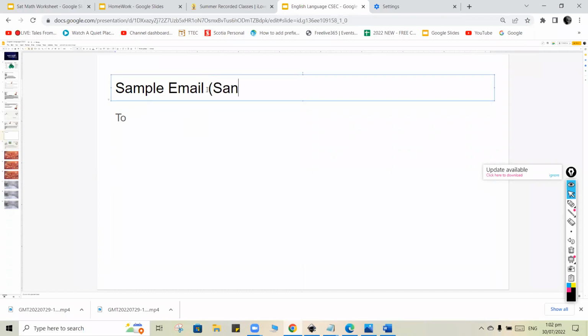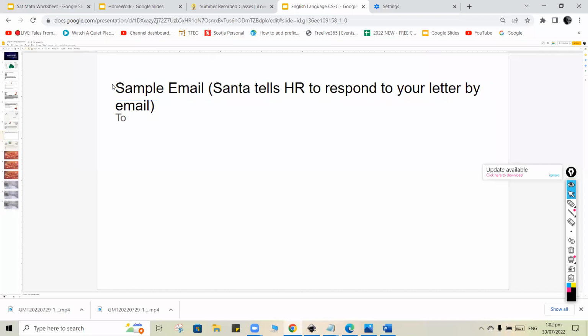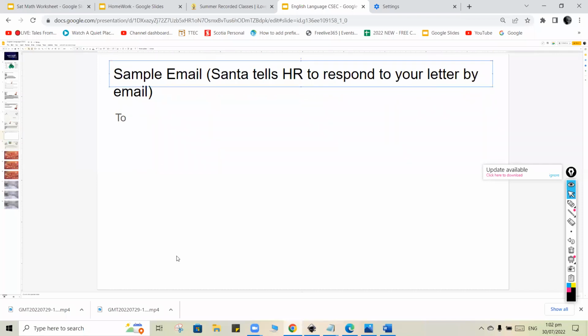All right, so here's a scenario. Santa tells HR. What does HR stand for? Anybody know what HR stands for in the context of a company? Many of you know, very good. Human resources, right?